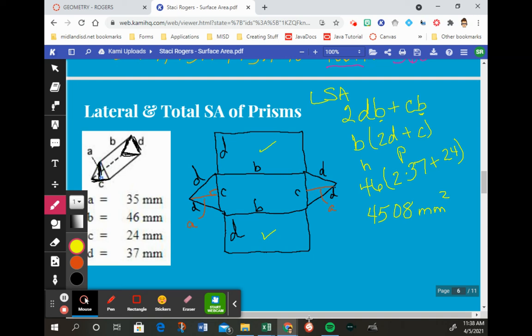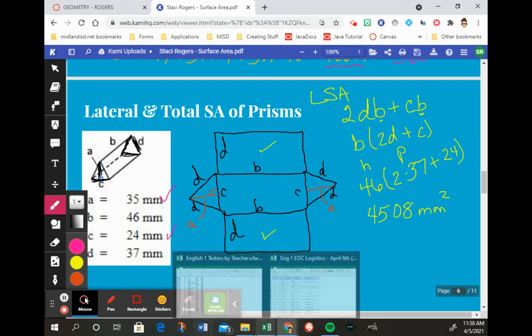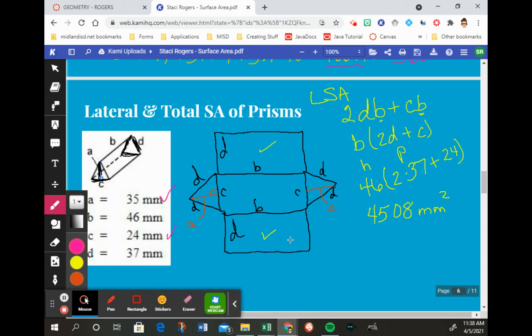All right. Now I need my base area, and that's going to be A times C. Because I've got 2 of them, I don't have to divide by 2. So my total surface area is going to take 4,508 plus A times C, which is 35 times 37.